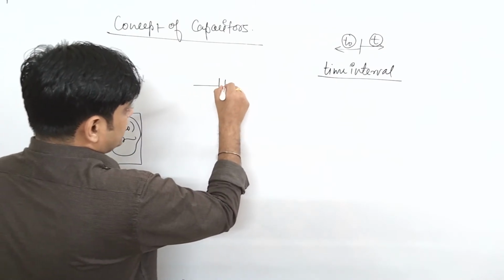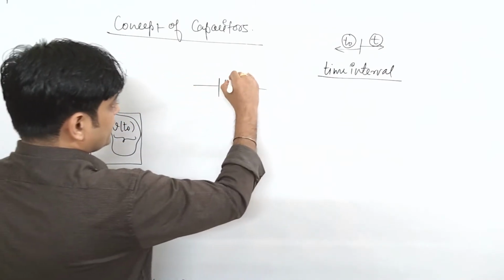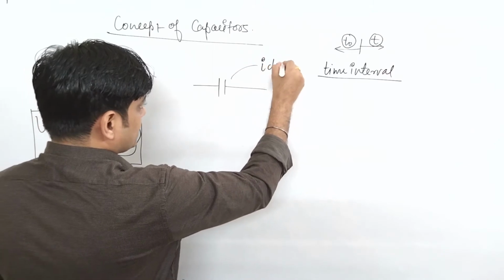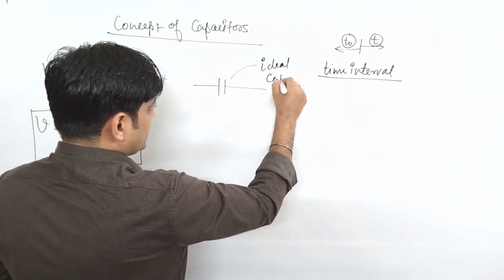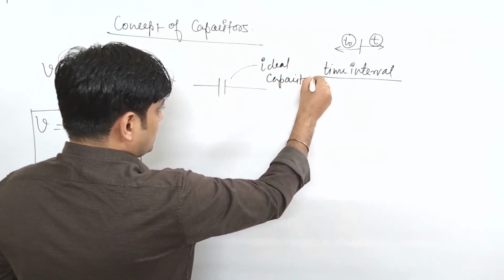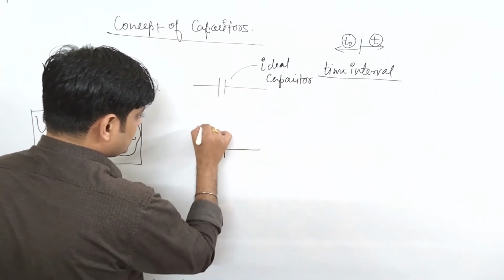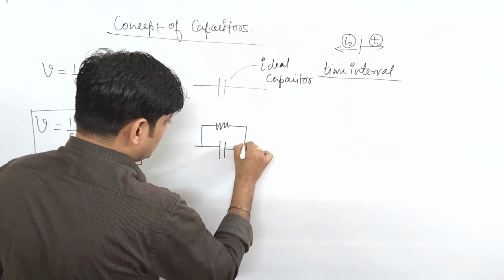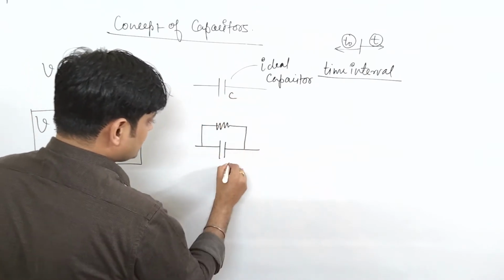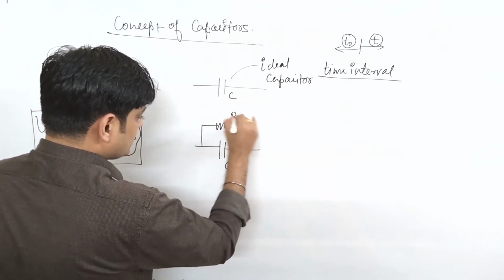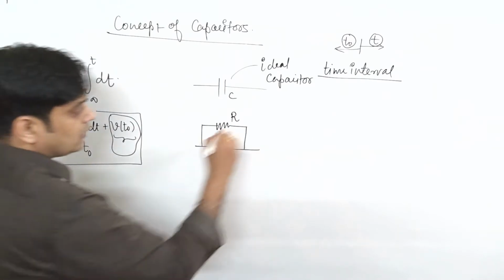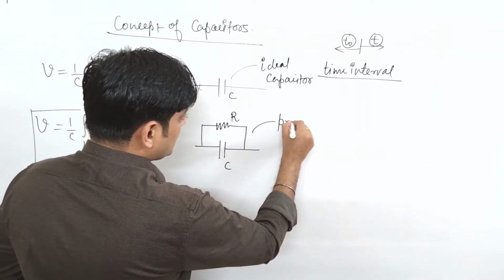If this is your capacitor, generally we are talking about the ideal capacitor. But when you talk about practical capacitors, the capacitor is in this form: again this is C, and this is your resistance R, and we call it a practical capacitor.